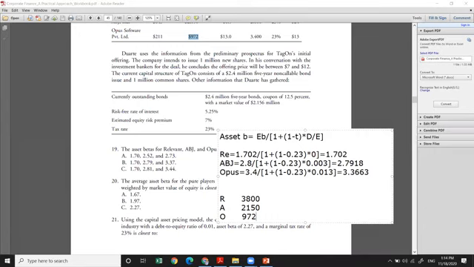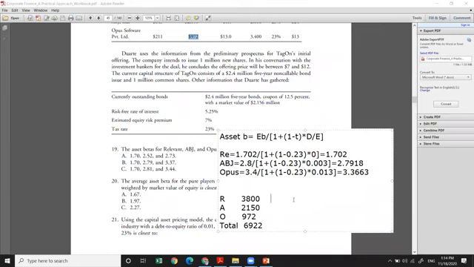Okay, now we need to find the proportions of the total, and the total amount, if you just sum up all of this, 3,800, 2,150, 972, should give you 6,922. This is the total amount.